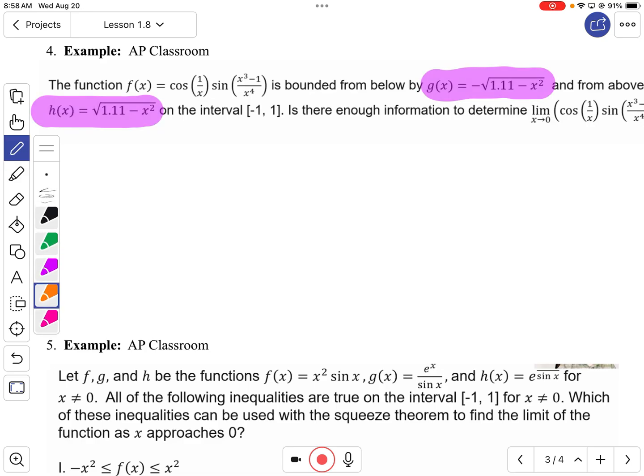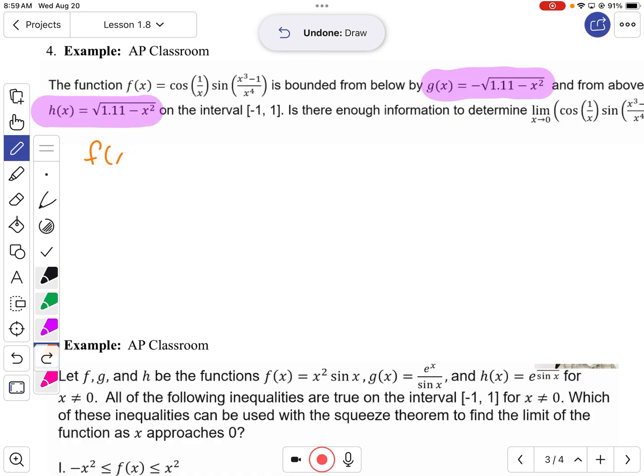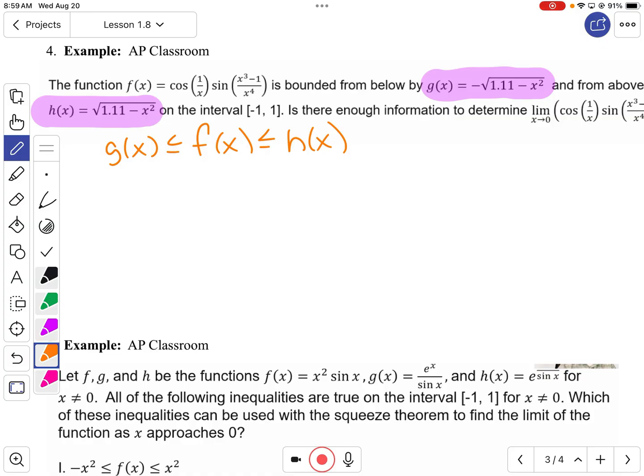Now, my immediate response to that is, well, let me think about the conditions. First thing it tells me is that f of x is bounded by g of x. So I think we've got here that f of x is less than or equal, nope, sorry, I wrote that the wrong way. It's bounded below, so g of x is less than or equal to the function I'm interested in, which is less than or equal to h. So that's the first condition, and that was met.